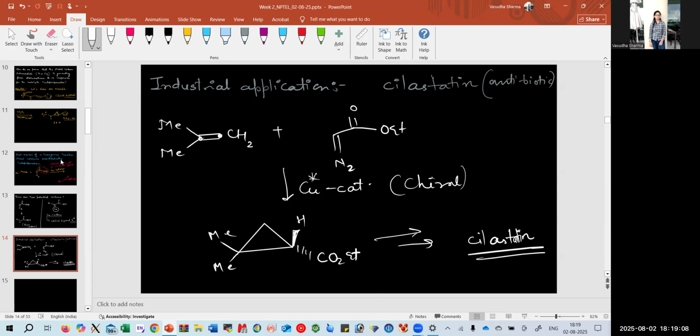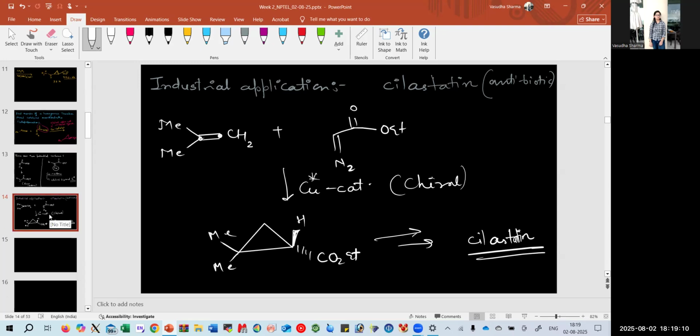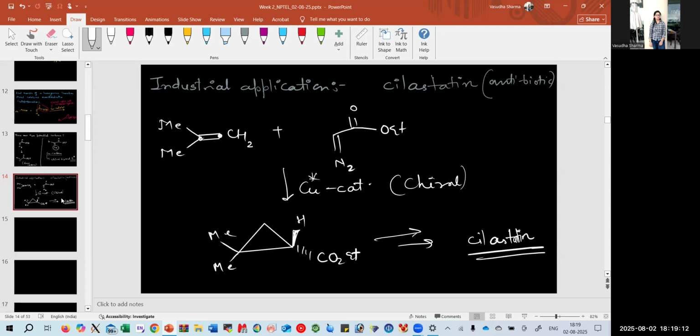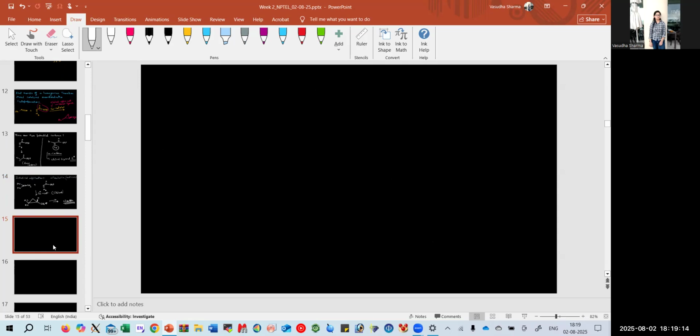I hope this is a bit clear. So this was all about our catalytic cyclopropanation reaction. Now we are moving to another topic, which is various CC bond formation reactions.